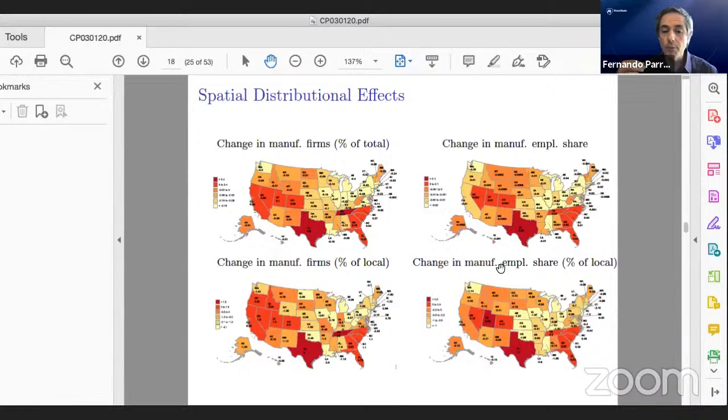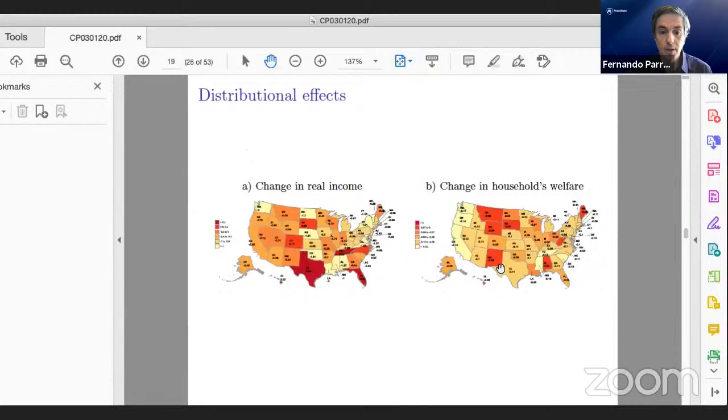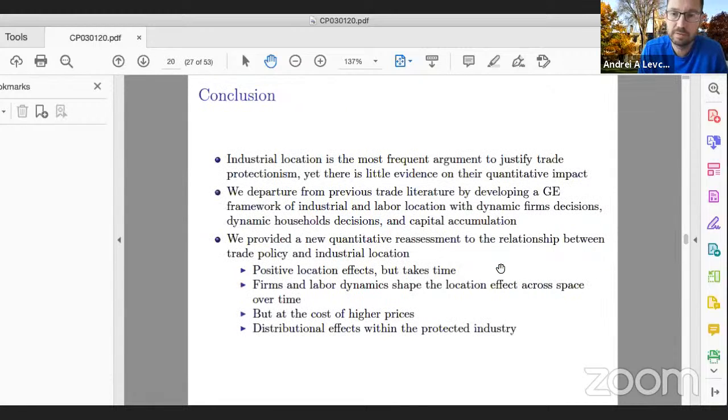Even when we find positive aggregate location and employment effects, not all the states attract firms and gain employment. In fact, only a limited set of states are able to attract firms and employment as a consequence of the trade war. Right, so those are the basic results. So I'm going to finish here.